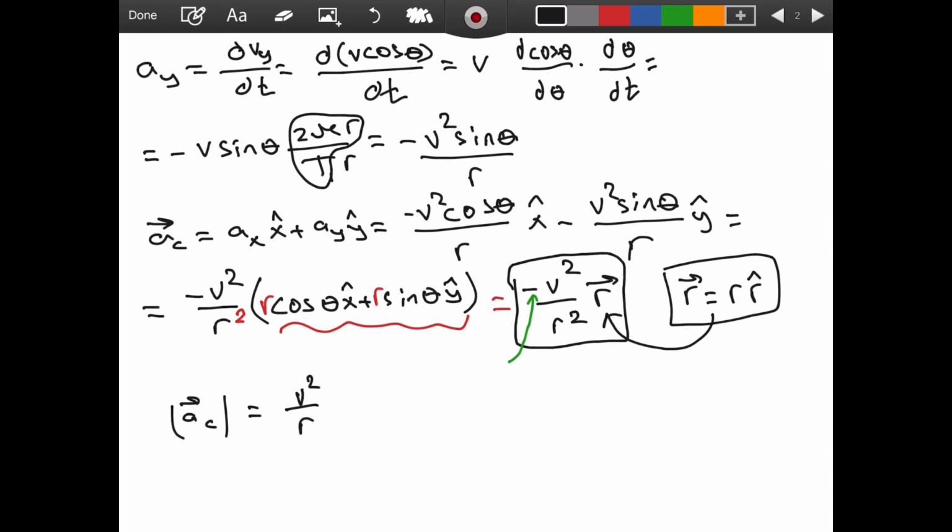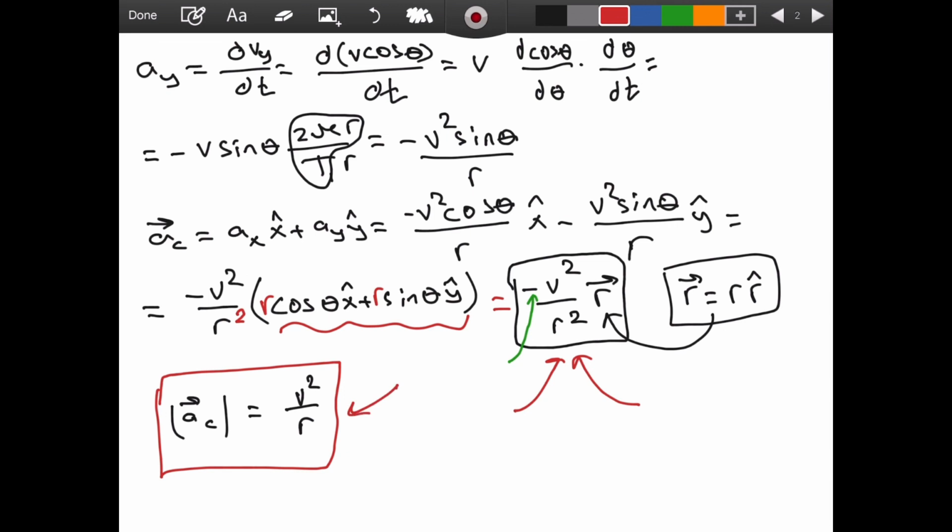And of course, we don't put the negative because this is a magnitude. And actually, this formula here is known more than this one right here. But this one is more general and it gives you information about the direction and all that kind of stuff. But you are welcome to use any one of them. And as I said, you will encounter this formula more often.